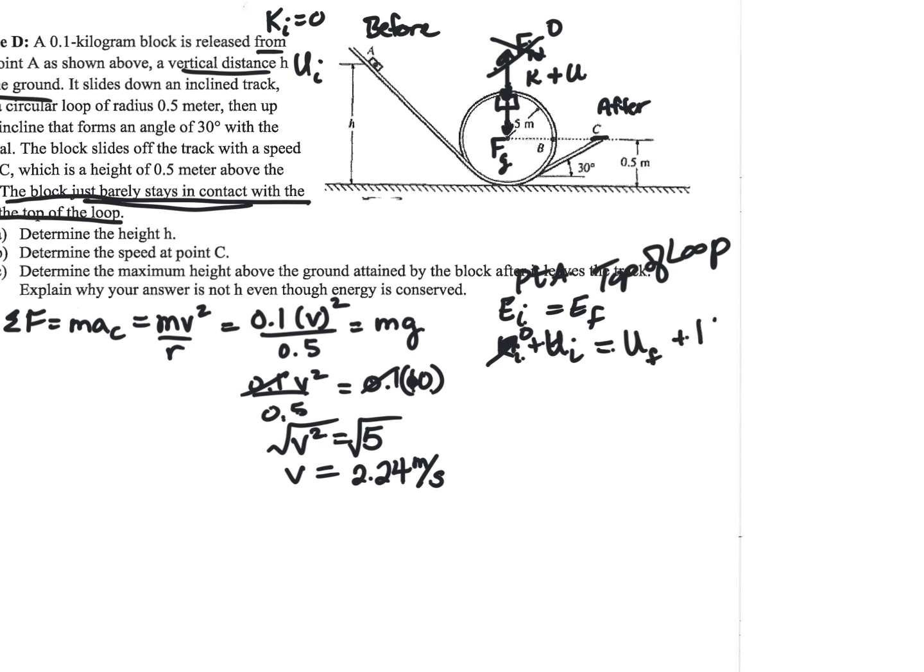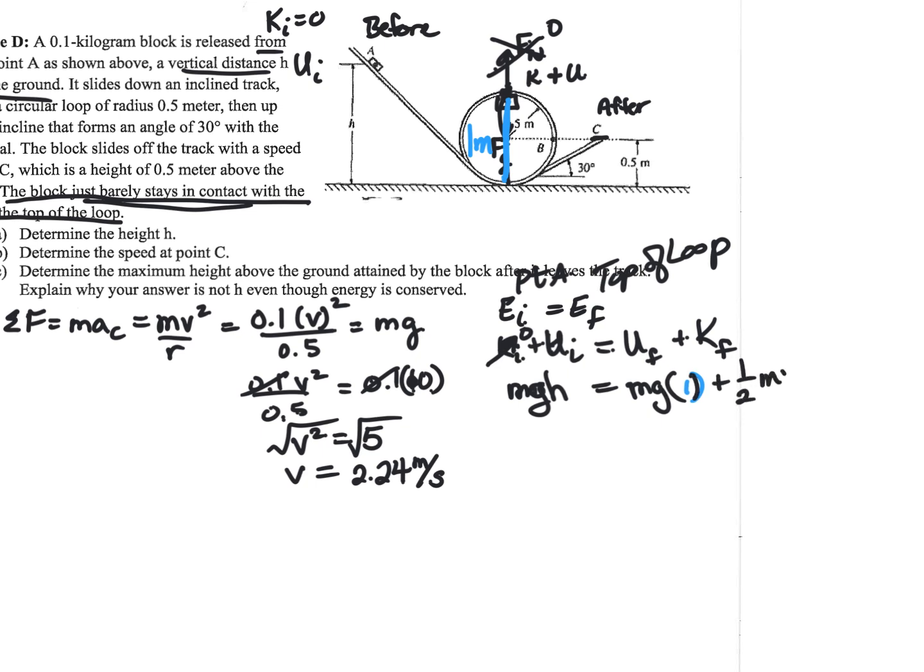So this is mgh. This is going to be mg at the top of the loop, where the height is 0.5 and another 0.5. So this whole thing from here to here is going to be 1 meter. So this is going to be times 1, plus 1/2 mv squared.